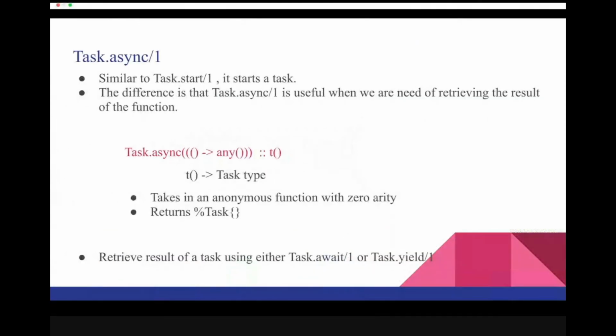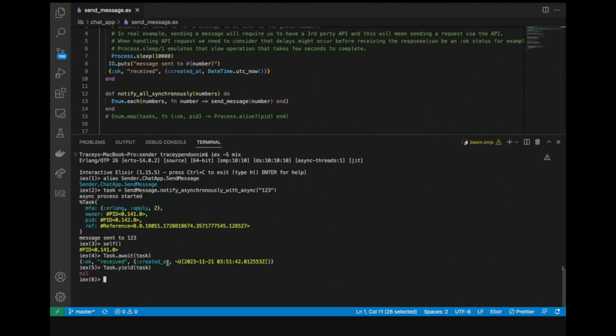You can see that Task.yield, when given the task, has returned nil. Why is that the case? Task.yield cannot return a result once you have already retrieved the result from the task.